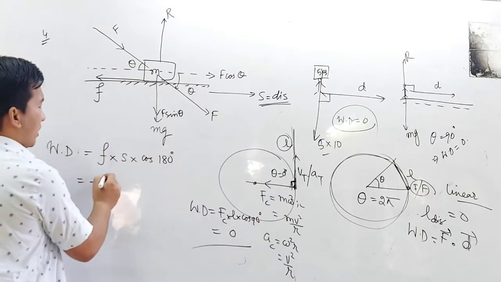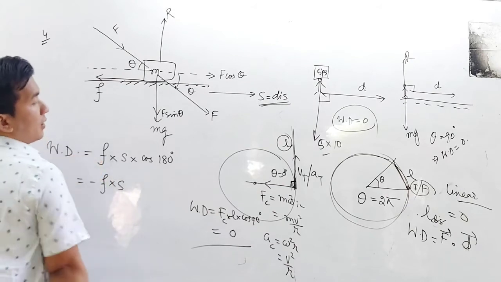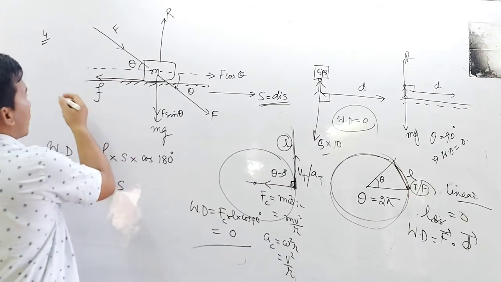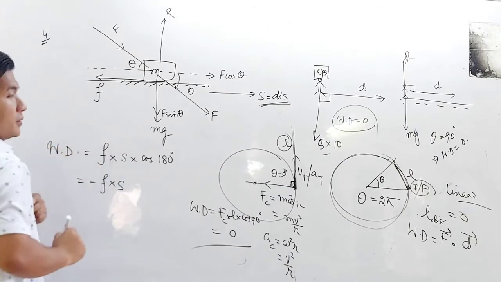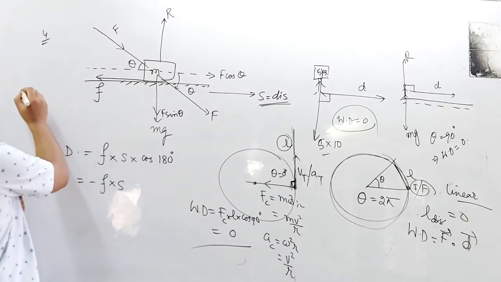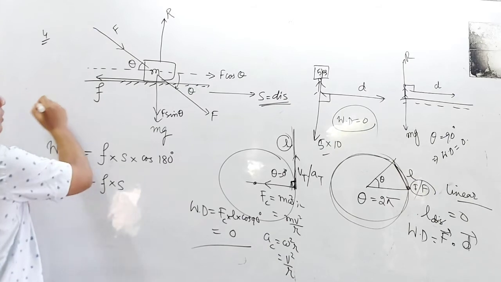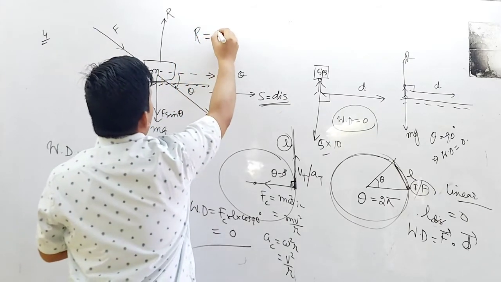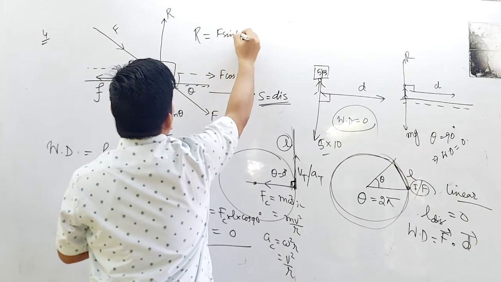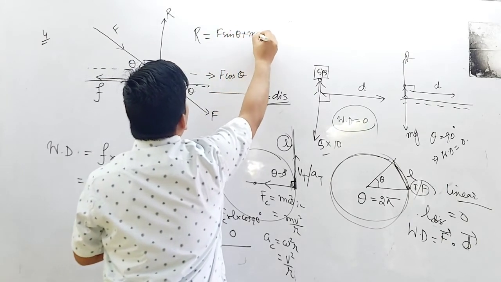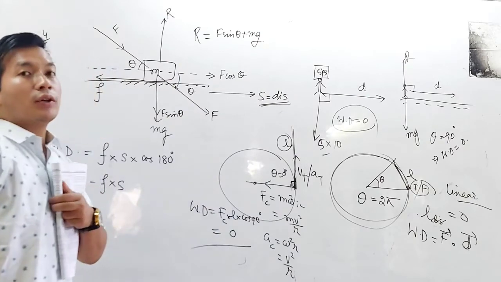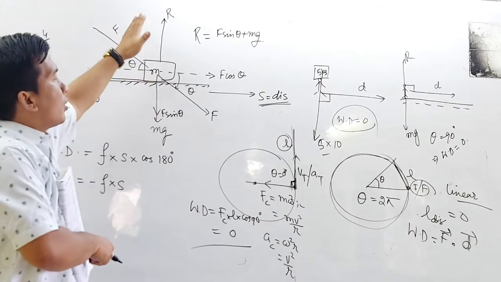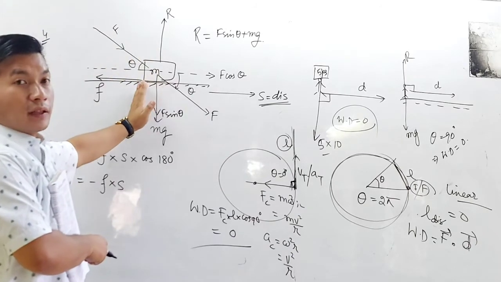This will be minus F into S. Now our main function is to find out the friction F. F will be equal to mu R. That means our normal reaction R will be equal to F sin theta plus mg. Equilibrium must be maintained in the upward direction.